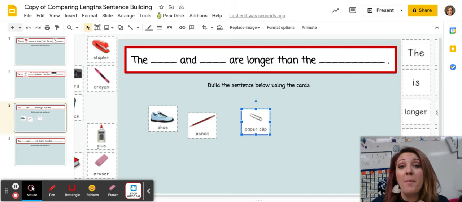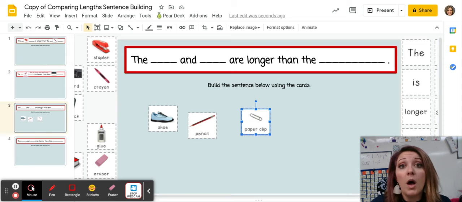Let's think of maybe your dad's shoe. Your dad's shoe would be pretty long, right? What about a pencil? Think about a brand new pencil that you just sharpened. They're pretty long. And now let's think of a paper clip. A paper clip is used to hold some papers together. They can be teeny tiny or a little bit bigger.